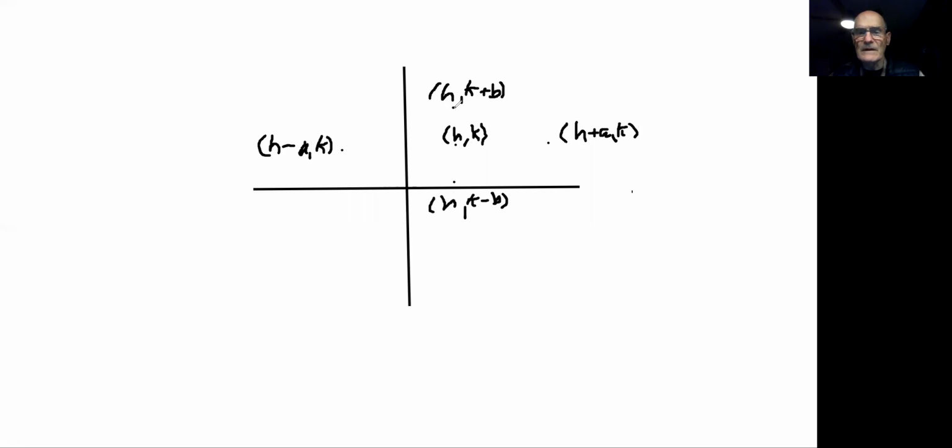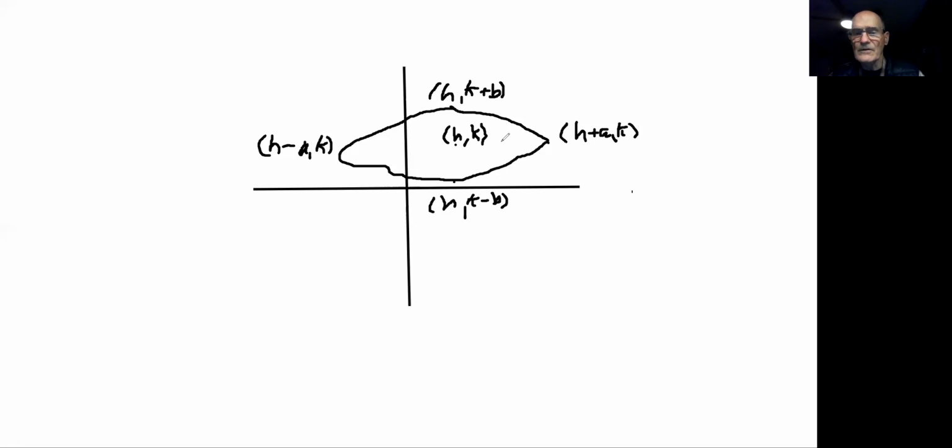So in this case, the major axis is along the x-axis. So if I draw this thing correctly here, it would go like that. Now, the only other thing we have are the foci.